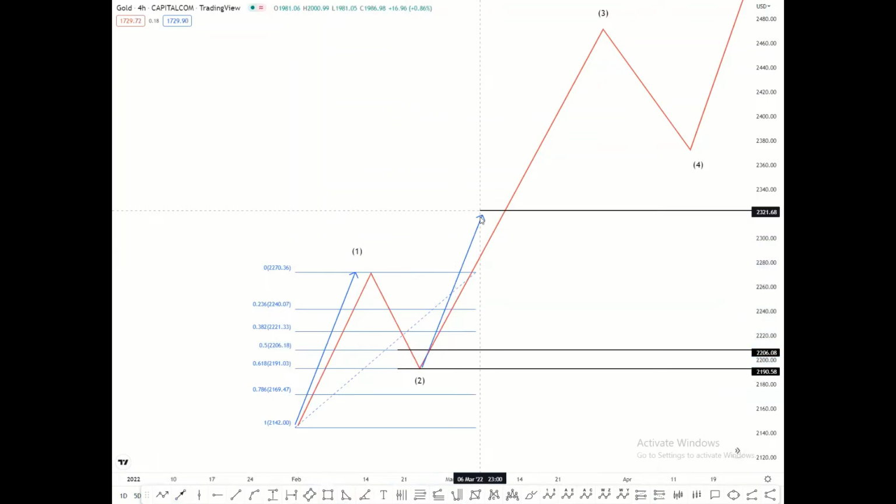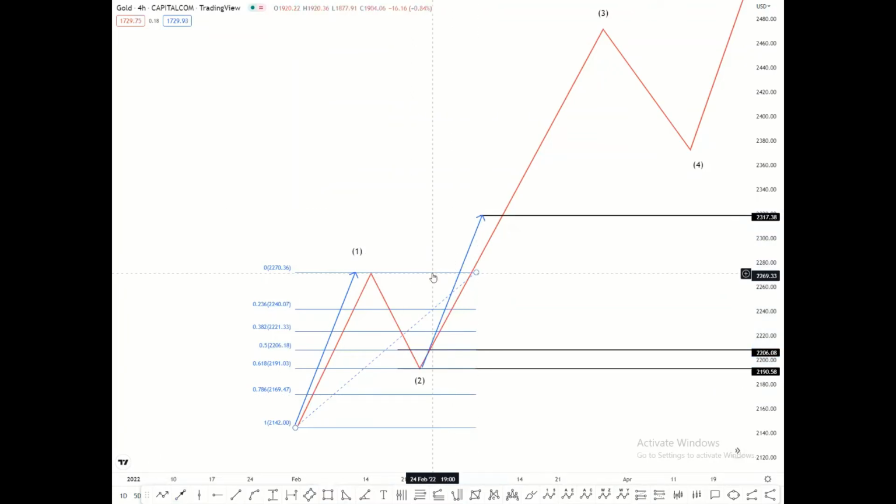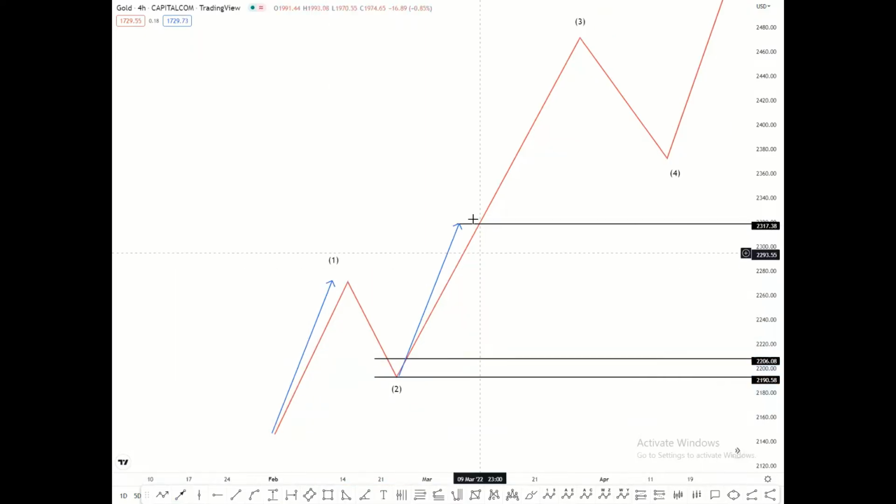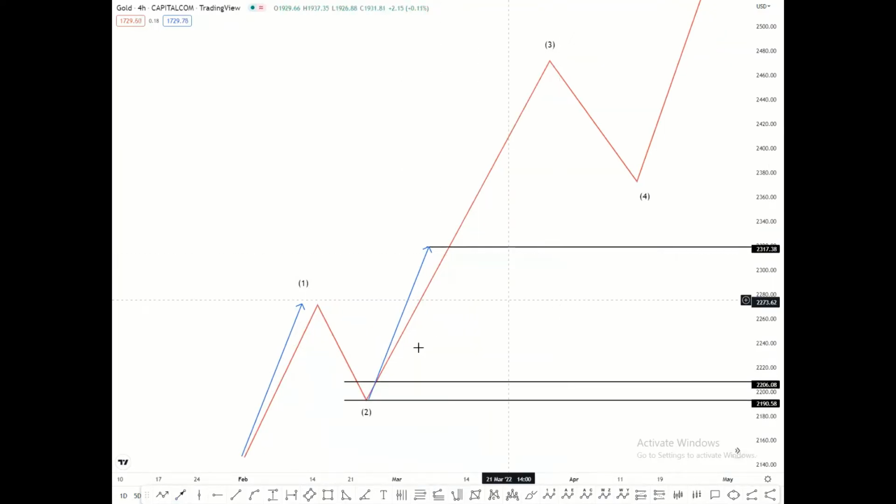Let me use this line. The 100% length of wave 1 is at this price. So you know that you have to move beyond this line. First of all, you need to move beyond this price, because wave 3 is the longest of them all.